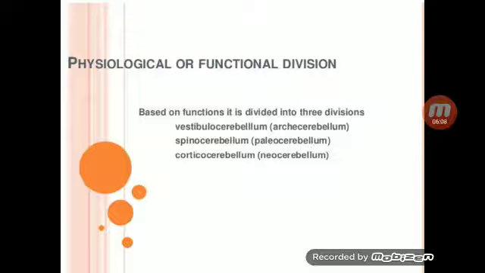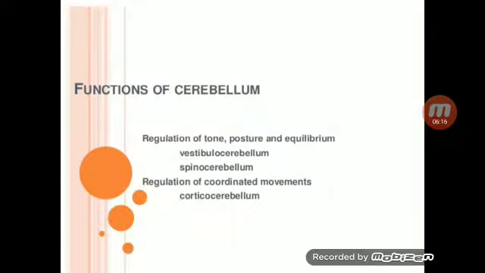Physiologically, the cerebellum is divided into three divisions: vestibulocerebellum, spinocerebellum, and corticocerebellum. There are two most important functions of the cerebellum: regulation of tone, posture, and equilibrium, which is done by vestibulocerebellum and spinocerebellum, and regulation of coordinated movements, which is mainly done by corticocerebellum.